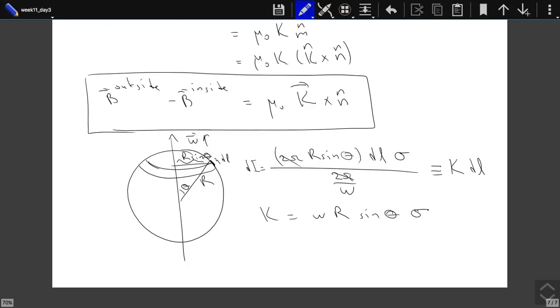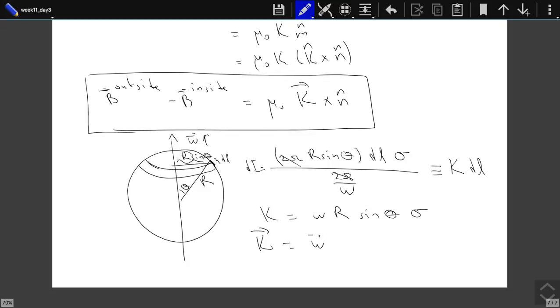What is the direction of k at that point? Well, at this point, let's say it is into the screen. Well, that is the direction of omega cross r. But omega r sine theta is nothing but the magnitude of omega cross r.